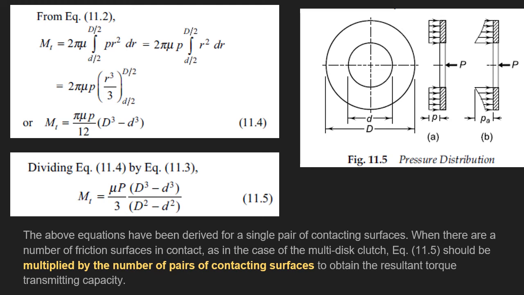When there are more than two plates involved, we should multiply this right hand side by the number of pairs of contacting surfaces. That we will see in the slide where we deal with multi-plate clutches. So this is the formula for uniform pressure theory. Now we will look at uniform wear theory in the next slide.